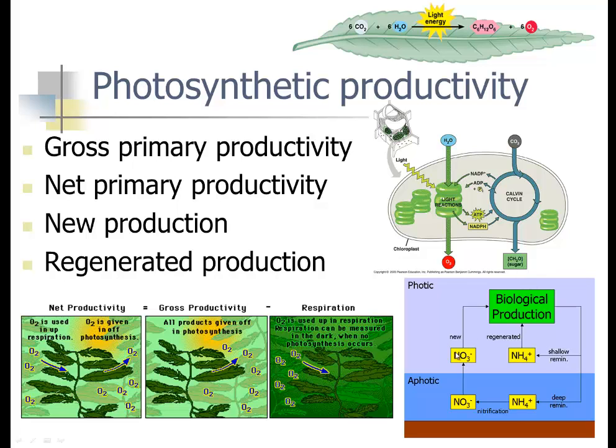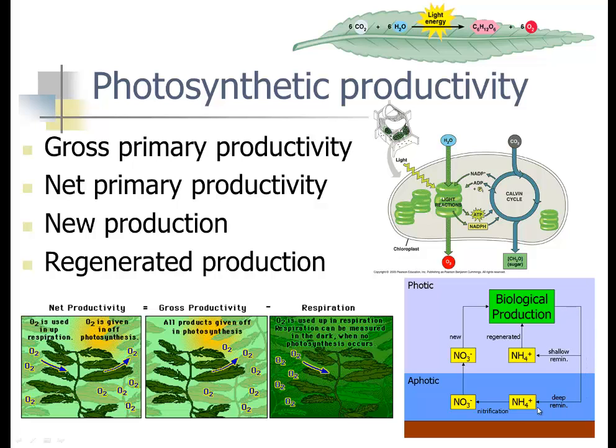Biological production can take in nitrogen and oxygen, the nitrate, I can't remember exactly what O3 is, and pulls this material into biological production and produces ammonia, and that can be regenerated back into the biological process.